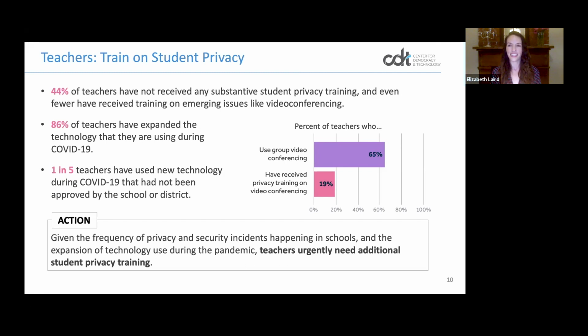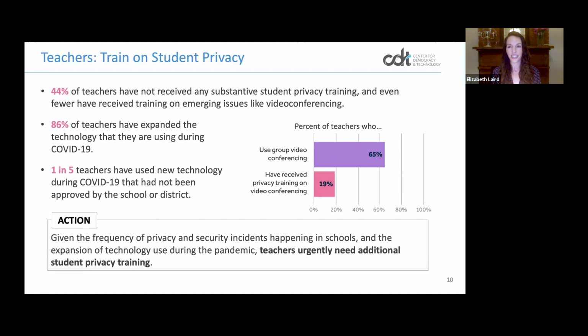So you can see, this isn't the best recipe: not really training folks on what they need to know about privacy, and yet you're expanding the types of technology that you're using at the same time. And so here we really want to draw attention to how important it is to train educators on student privacy. And for those of you who are educators, I hope you bear with me.